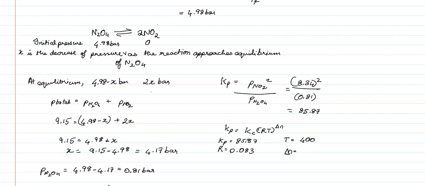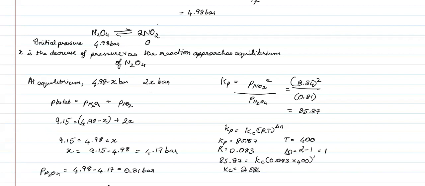So the number of moles of product is 2 minus 1, that is equal to 1. We are going to substitute it in the above equation. So 85.87 equals Kc into 0.083 into 400 to the power 1. Now, when you simplify this equation, you get that Kc equals 2.586, and this can also be written as 2.6. And that is how you solve this question.